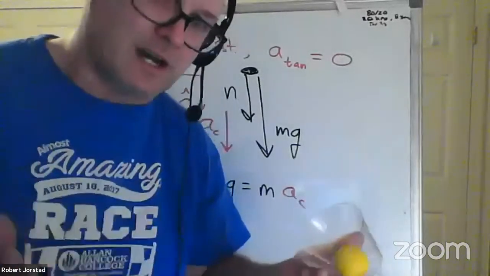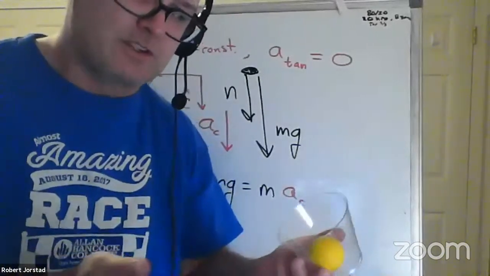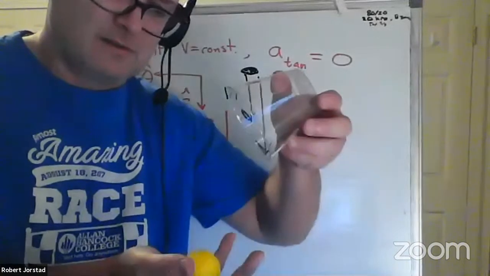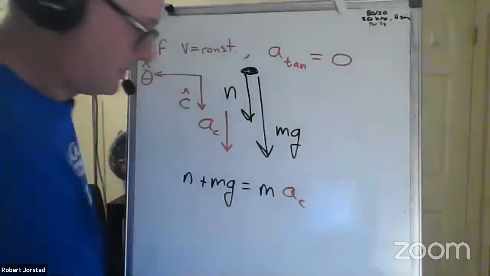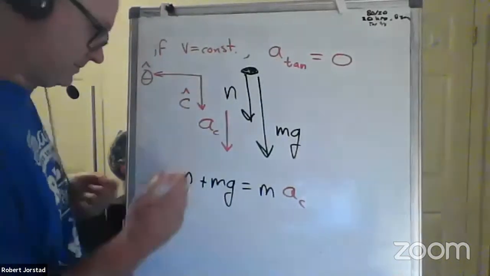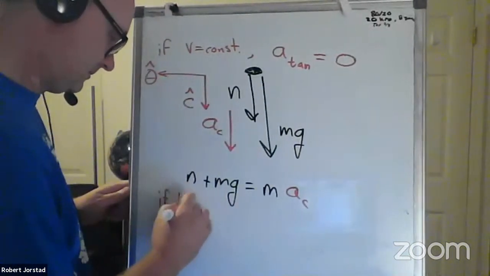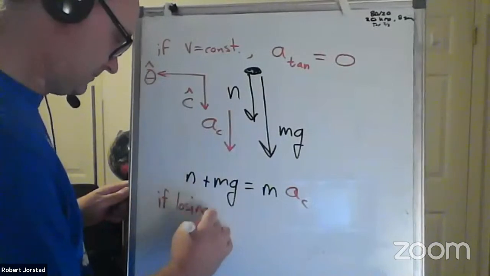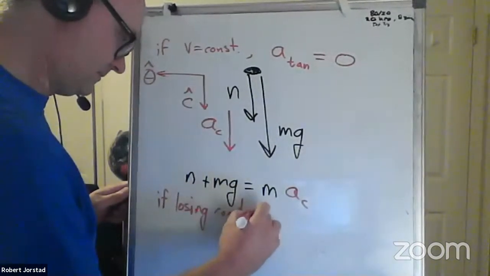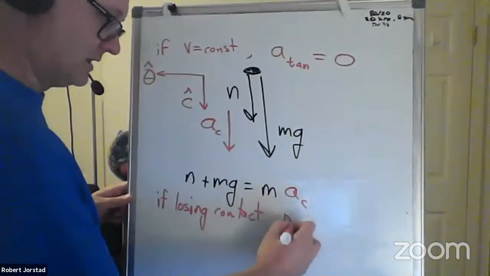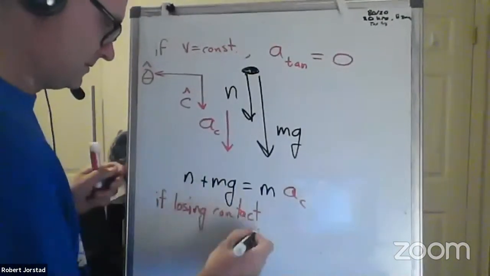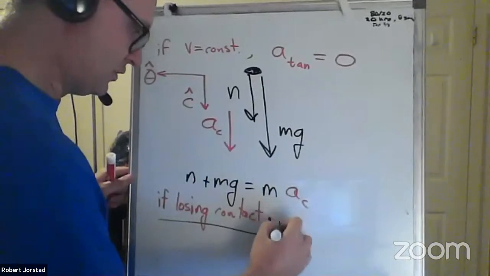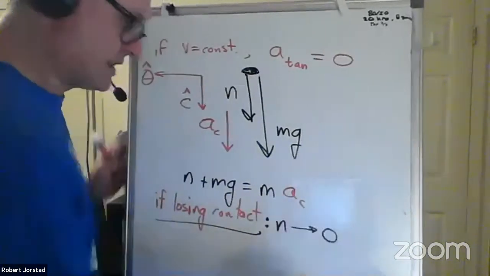If you lose contact with the surface, what is your normal force? 0. So if losing contact, normal force goes to 0.